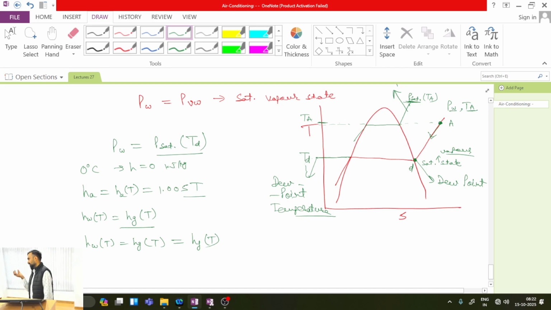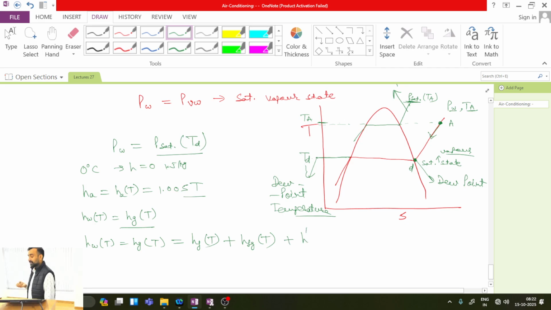Okay, so what is enthalpy in the liquid state? Then liquid to vapor conversion will require latent heat of vaporization. So it means HFG at T, again a function of temperature. And then what will I have?